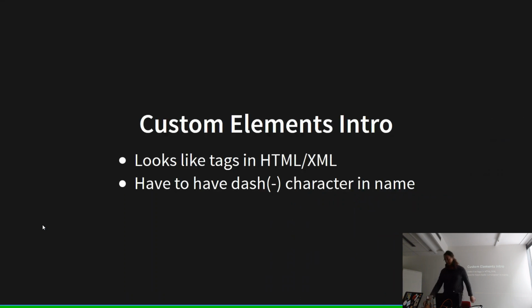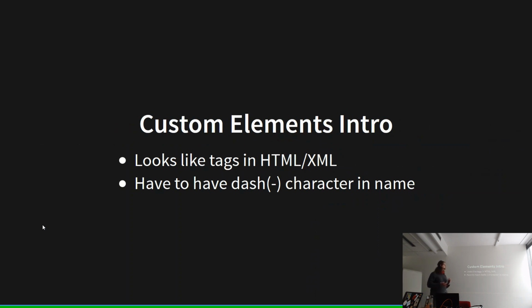Just some custom elements introduction that I would like to have here, because I will show in the next example how it looks, how we define a custom element, how we define shadow DOM. It looks like an HTML or XML tag, but the only difference is that you have to have a dash character in the name.